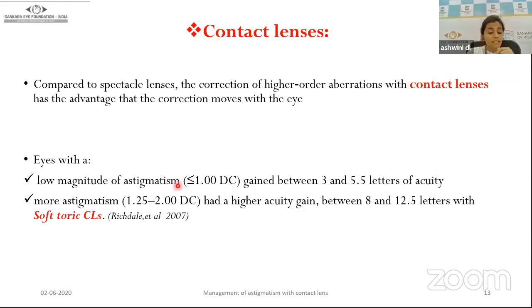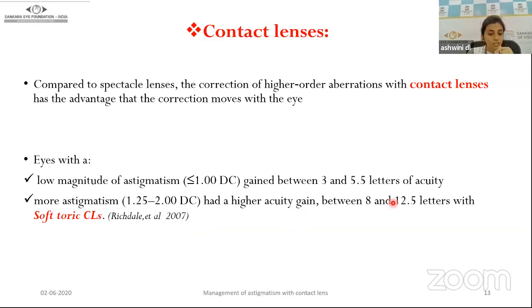they got to see that there was an improvement of visual acuity of around 3 to 5.5 letters with the soft toric contact lenses. So in low magnitude, when they compared spherical soft contact lenses and toric lenses, toric lenses were a good option. They also compared a magnitude of astigmatism of around 1 to 2 diopter cylinder between spherical soft lenses and toric lenses.